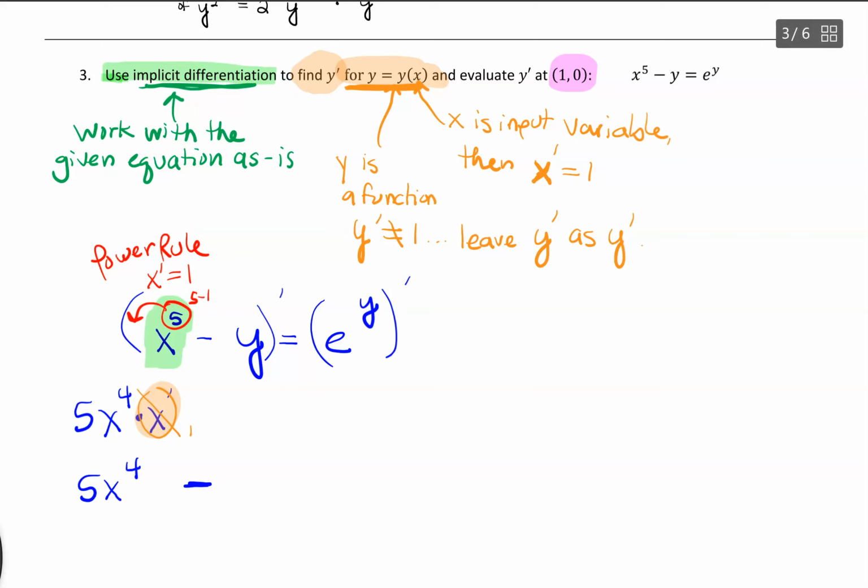Okay, so minus, then I come over here to my next term. My next term is just a y. Is y a variable? Nope, it's a function. So I have to remind myself that y prime is not a 1. I'm going to just keep it. What's the derivative of y? It's y prime.